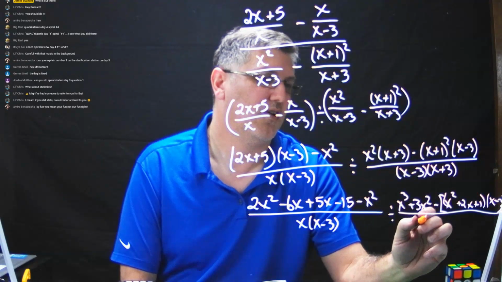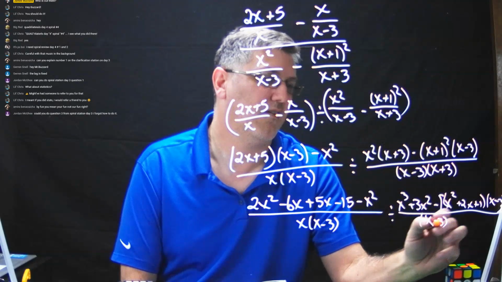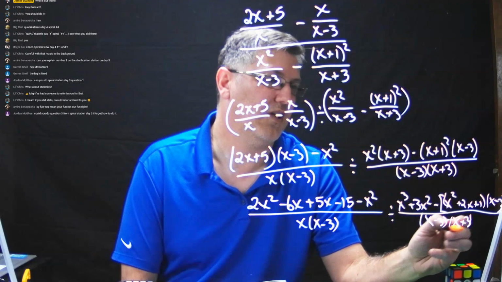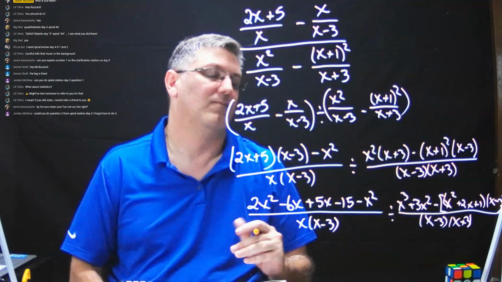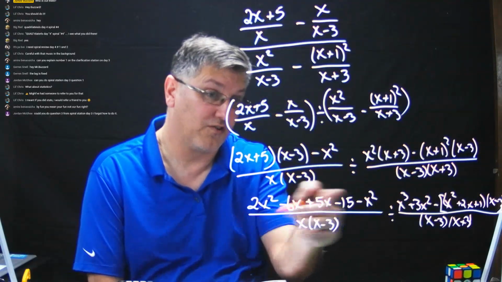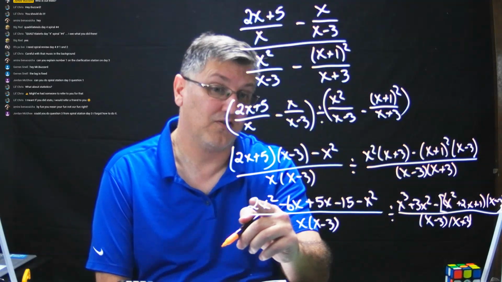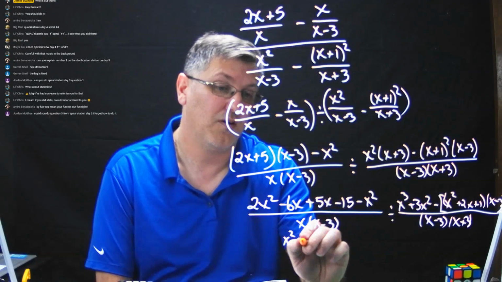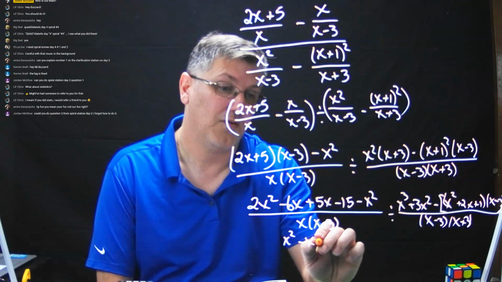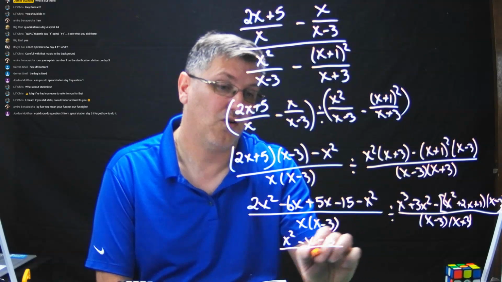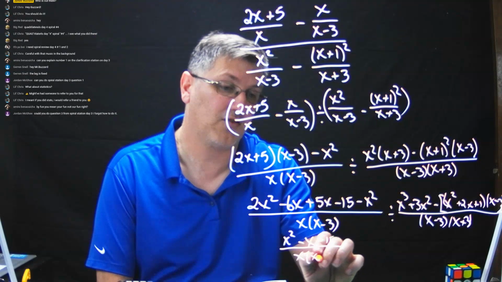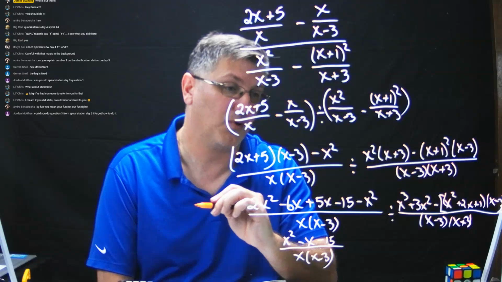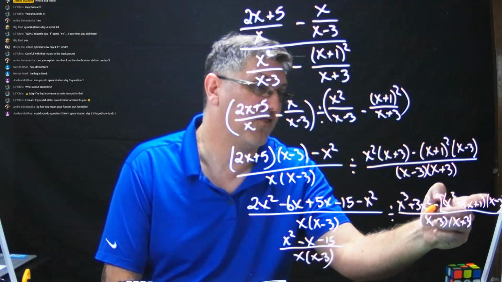All over the x minus 3, x plus 3. Okay, so far so good. Let's clean this up. I have 2x squared minus x squared. That gives me x squared minus x minus 15 over x. That's the first one.